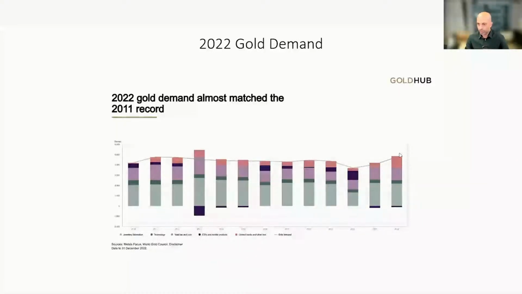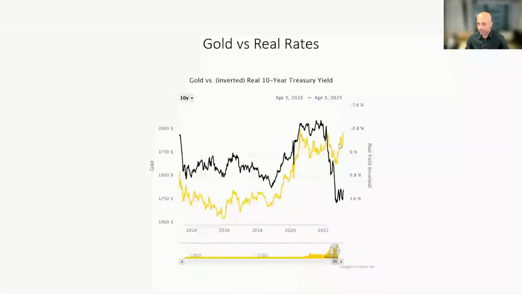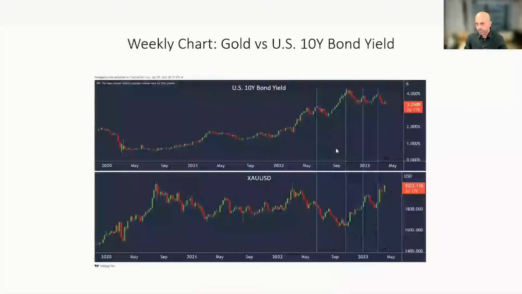They were a big player, and a lot of demand came from them. So one of the reasons why gold prices rose despite real yields just fluctuating up and down around here is due to central banks buying gold.